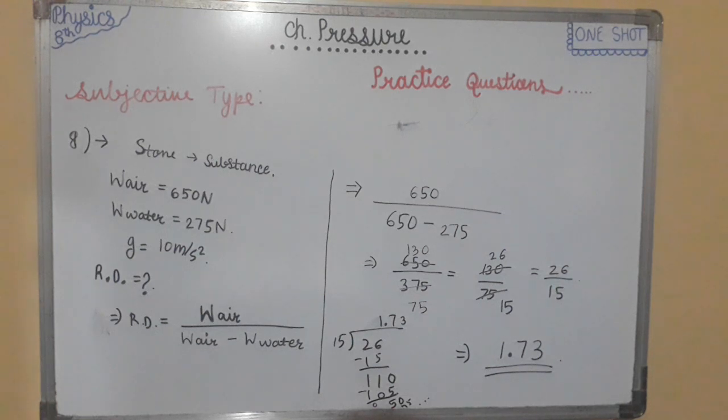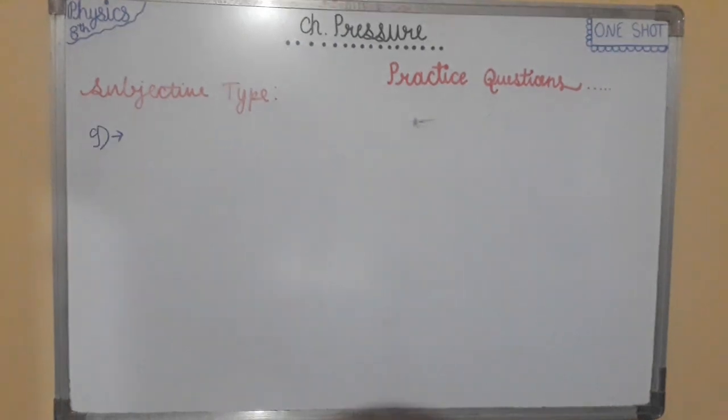Now, our next question. Question number 9 is too much interesting. A ball weighing 4 kg of density 4000 kg per meter cube is completely immersed in water of density 1030 kg per meter cube.